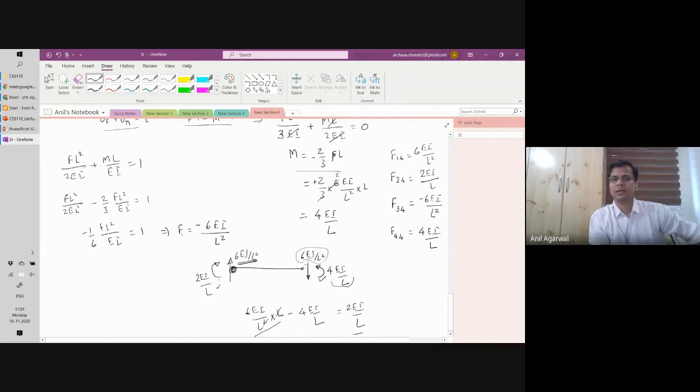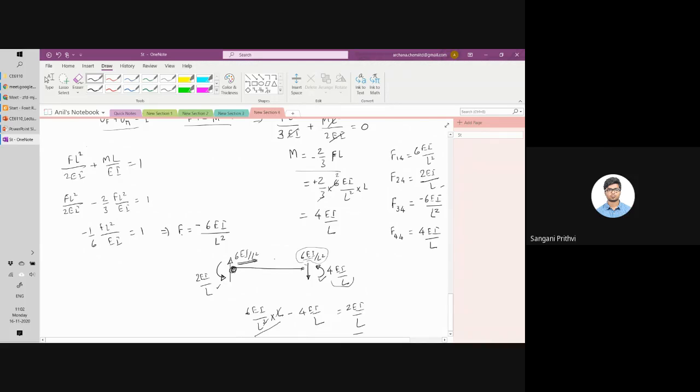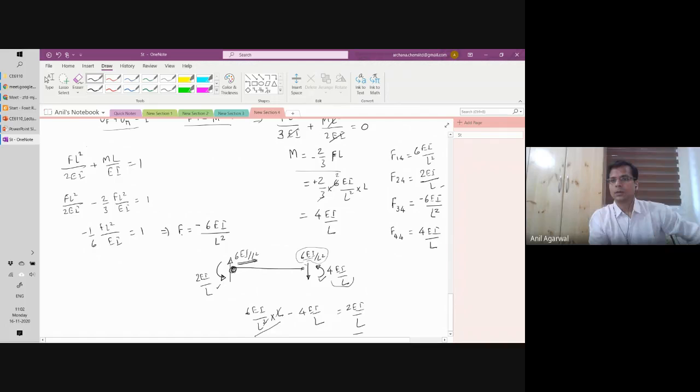In order to balance it, I have to apply a moment in the anti-clockwise direction. I was saying anti-clockwise, but I was drawing it in the clockwise direction. So sorry, 2 EI by L has to be acting in the anti-clockwise direction. That's why it is positive. Now it is clear? Yes, sir. Sorry, I drew it wrongly.